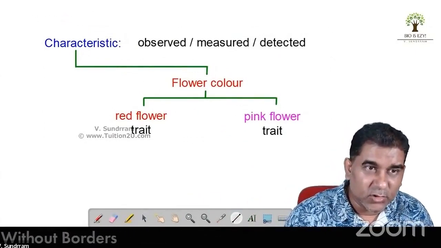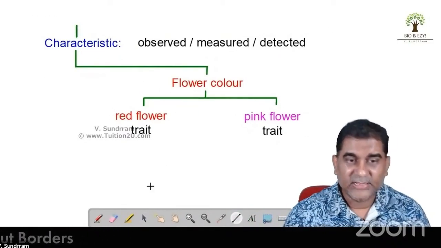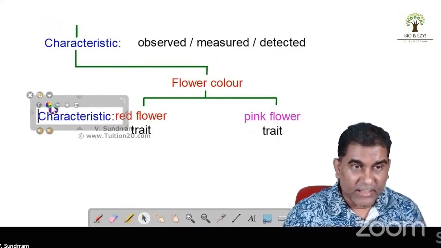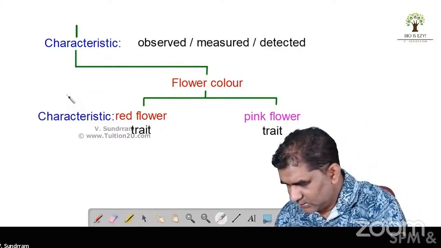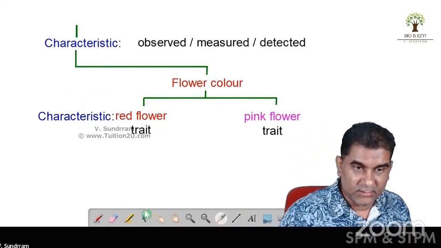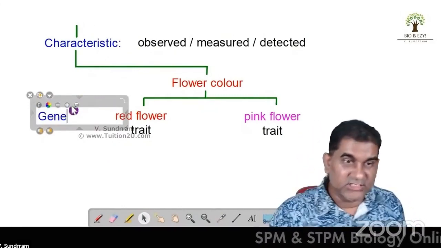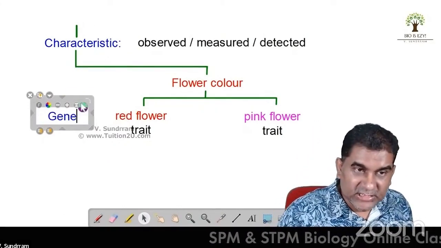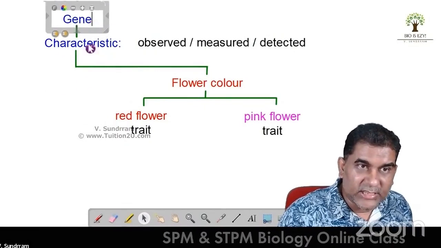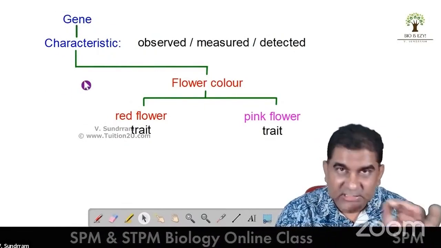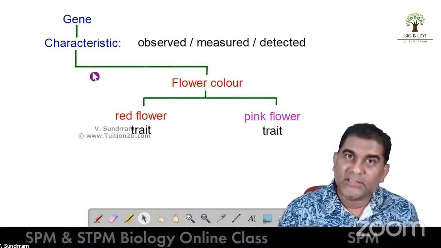Characteristic is controlled by gene. Gene controls the characteristic. The gene is supposed to be located in the DNA.